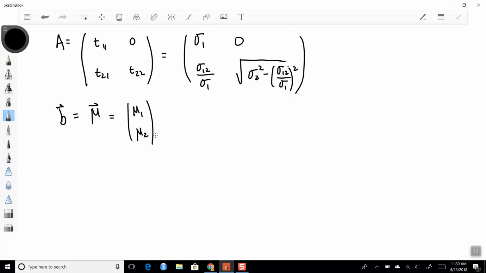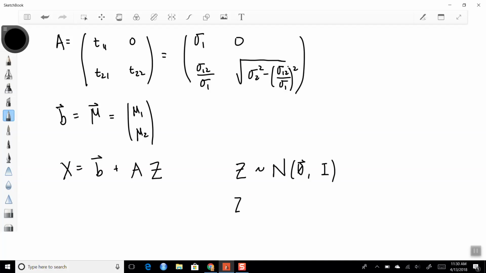And then we'll let x be equal to b plus a times z, okay? Where z comes from normal with mean 0 and identity matrix.